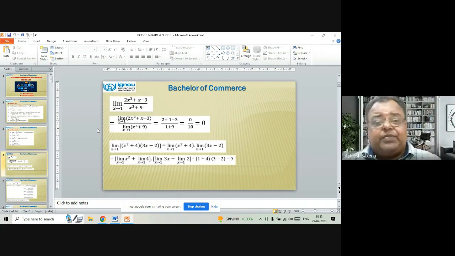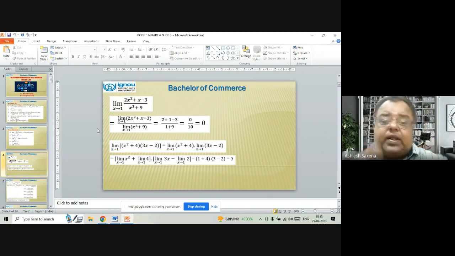Now I will show you how the problems related to limits are solved. Straight away, the problem is limit x tends to 1, (2x squared plus x minus 3) divided by (x to the power 3 plus 9).